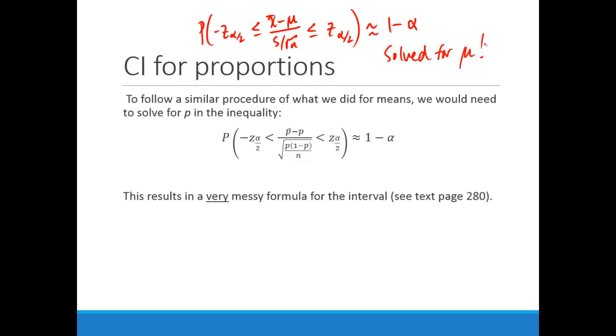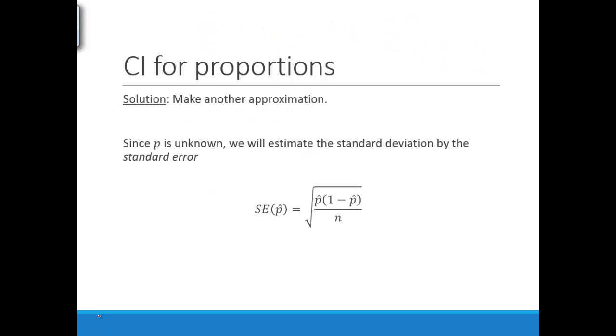Again, you could do that here, but it's going to give you something that's really horrible and messy. You can check out your textbook if you want to see what that looks like. So what we'll do instead is we'll make one more approximation, and this is not going to change things too much. Since we don't know what p is, and the standard deviation of p hat was the square root of p times 1 minus p over n, we're just going to plug in our estimate and use that instead.